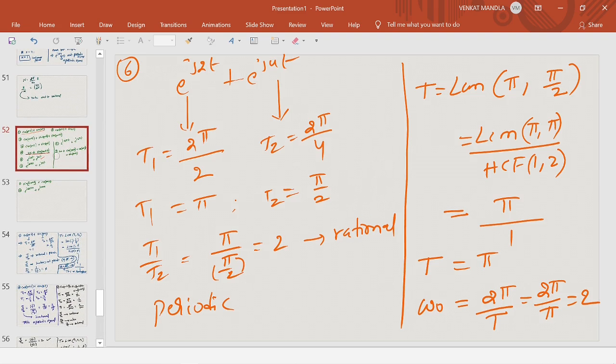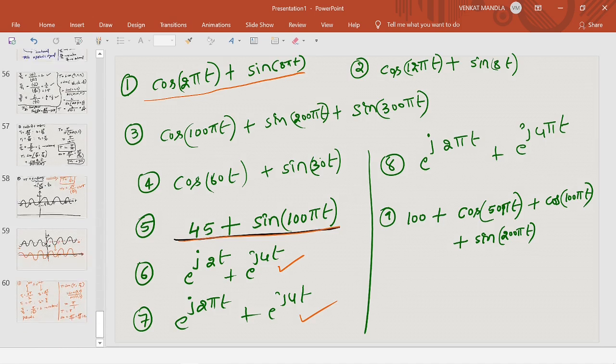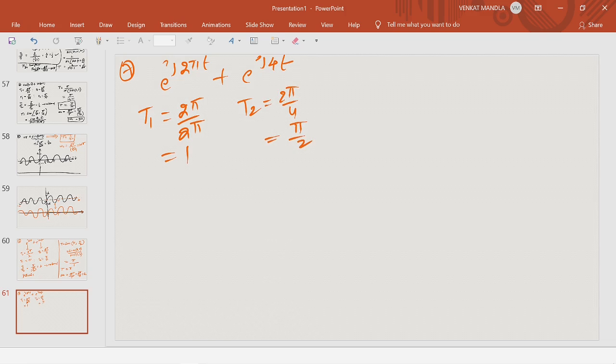Okay. The next problem is e power j 2 pi t plus e power j 4t. T1 equal to 2 pi by 2 pi, that is 1. T2 equal to 2 pi by 4, that is pi by 2.